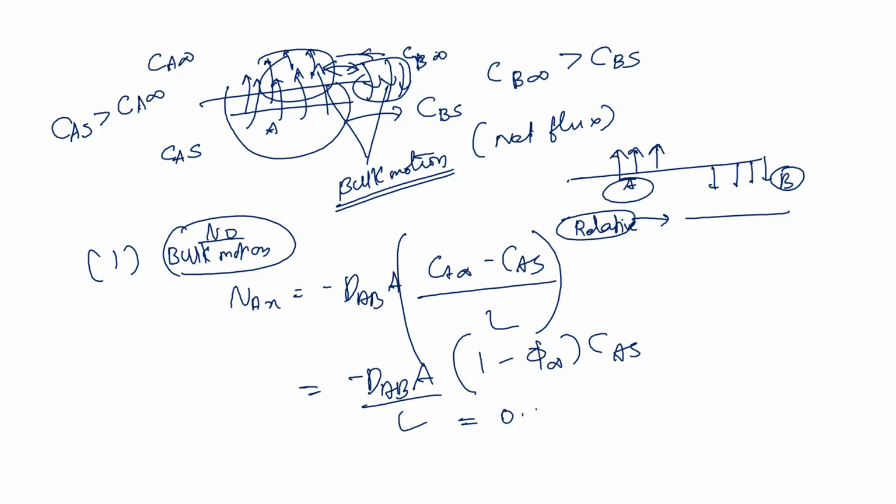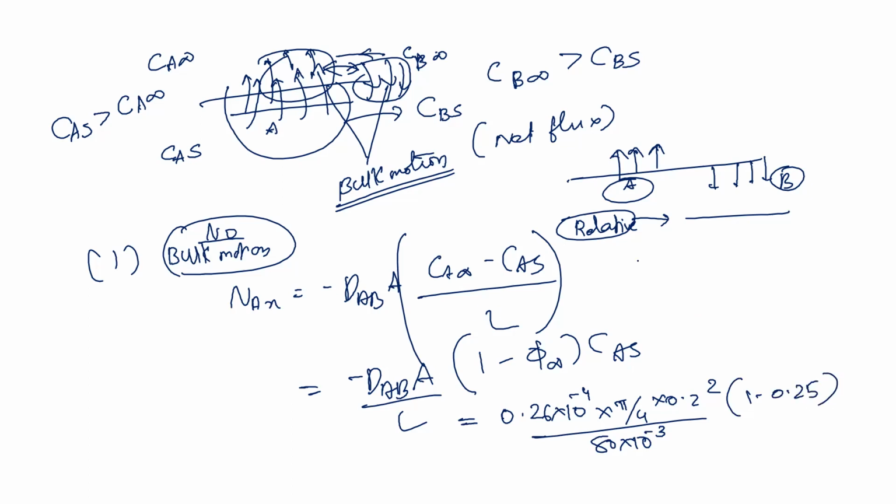We can substitute the values: 0.26 into 10 raised to minus 4, into pi by 4 into 0.2 square, by 80 into 10 raised to minus 3, into 1 minus 0.25.